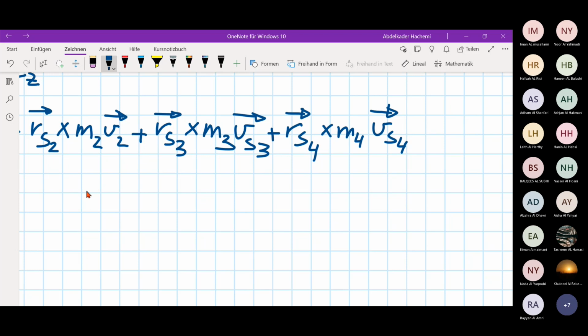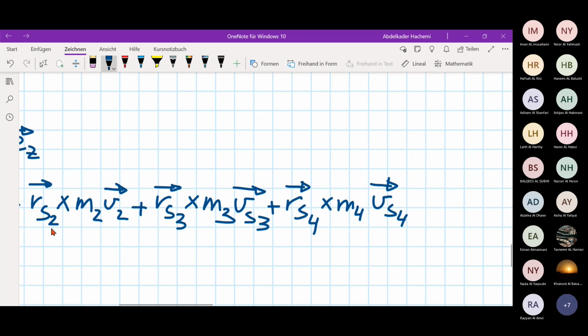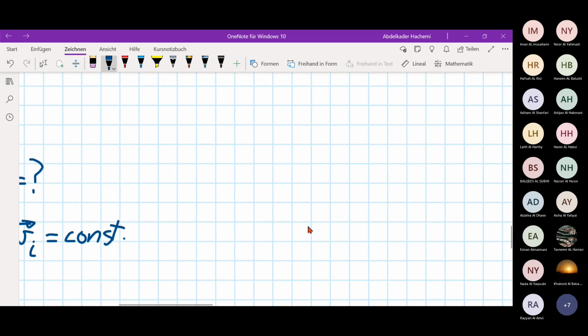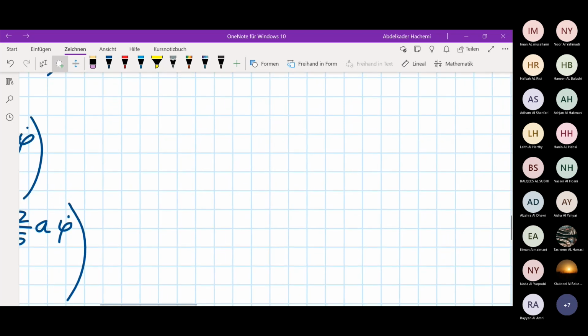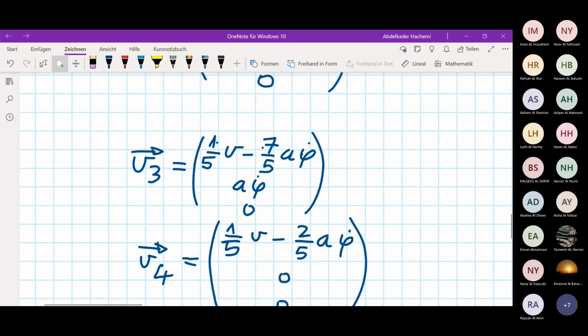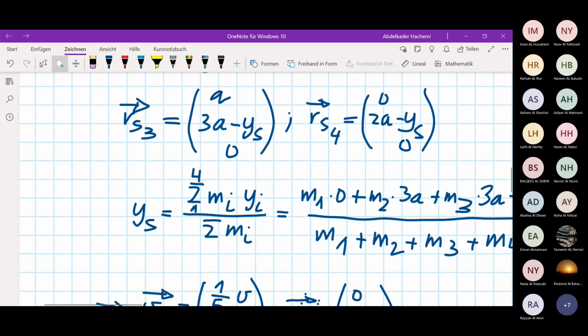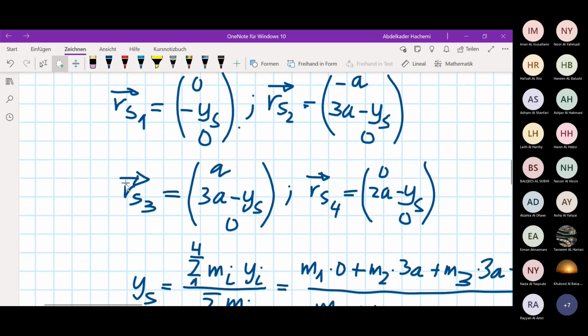Now, if we develop further, we replace here RS1 to RS4, we have the vector position of the masses, mass M1 to mass M4.